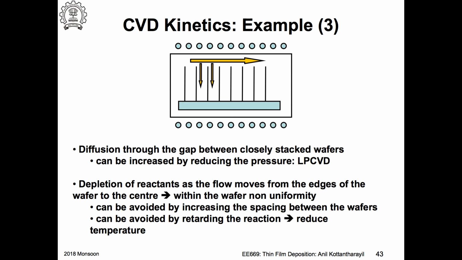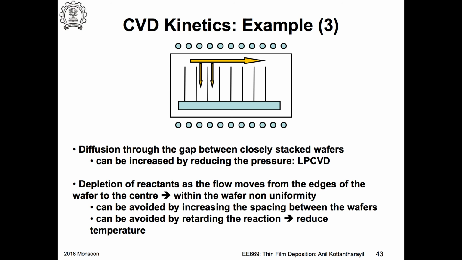Now, one thing that you should remember is that as the reactant gases enter and you have deposition here, you have to make sure that the gas that is going in does not get depleted of the reactants by the time you reach the center of the wafer. So, there must be ways to look at this.